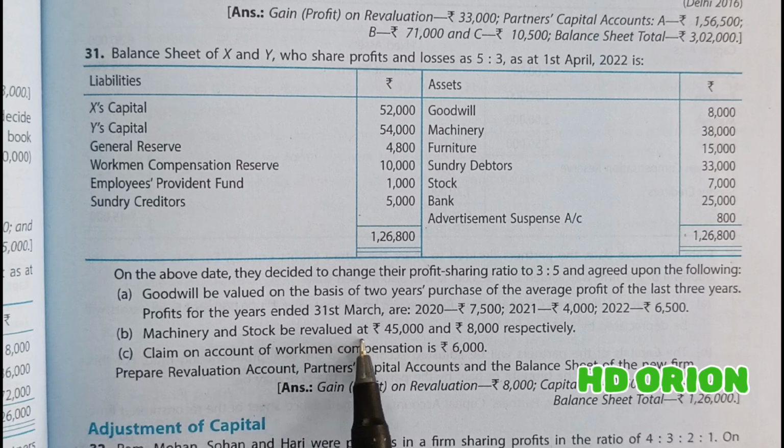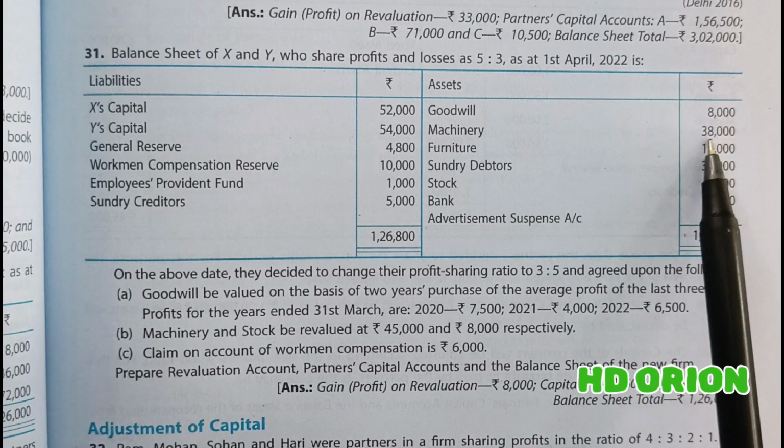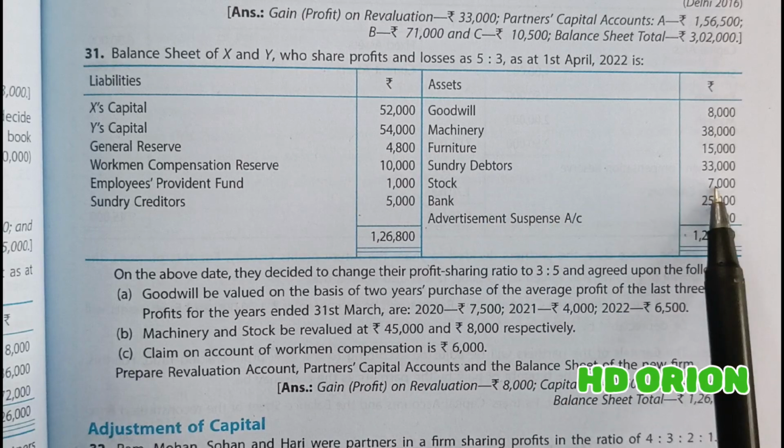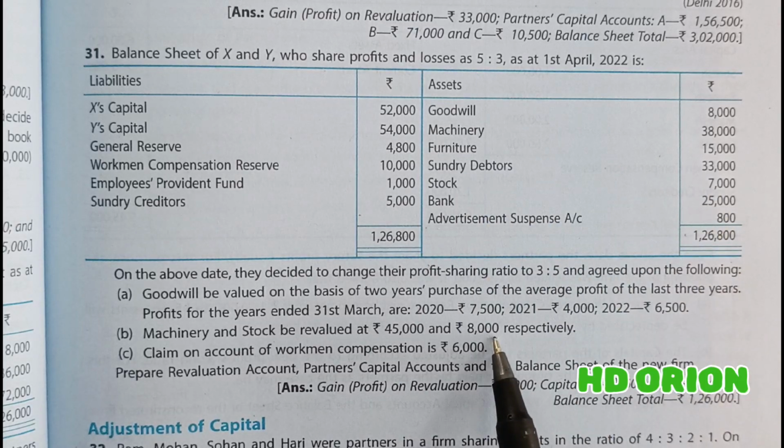Machinery and stock be revalued at rupees 45,000 and rupees 8,000 respectively. So machinery, you see here it is 38,000 and now it has to be increased to 45,000. It means 7,000 increase. And stock is 8,000, whereas here it is 7,000. So stock is increasing by 1,000.